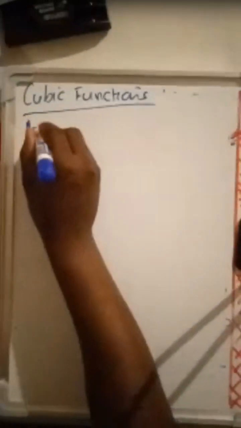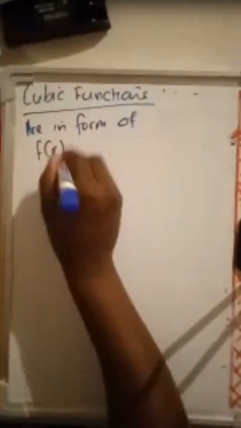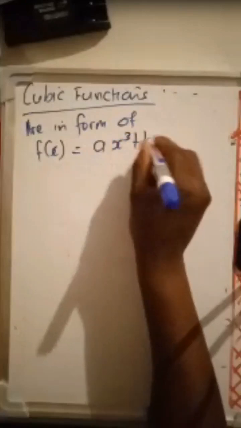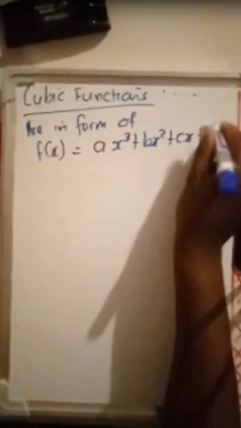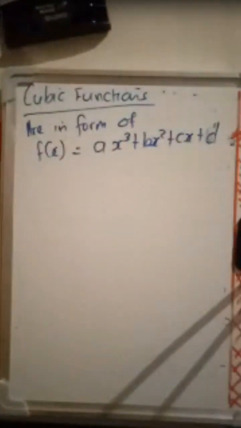Right. So cubic functions are in the form f of x is equal to ax cubed plus bx squared plus cx plus d, where d is considered to be a constant.